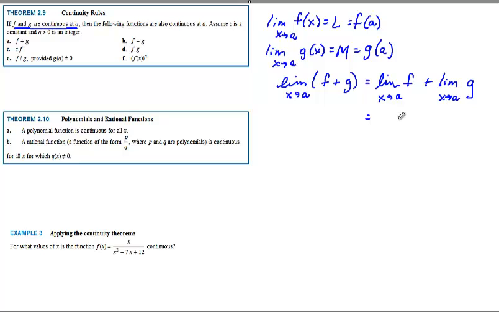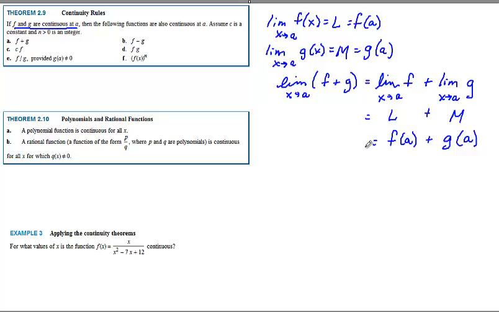I know that this is equal to some L plus some M. I also know that I could say that this is f of a plus g of a. And now I have all of the criteria necessary to say that the combined f plus g is continuous at a.